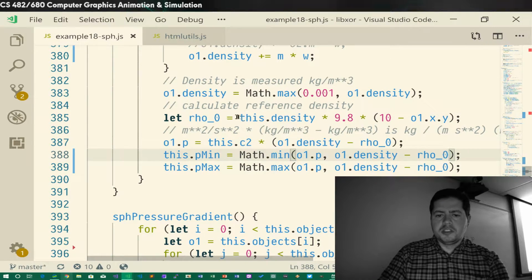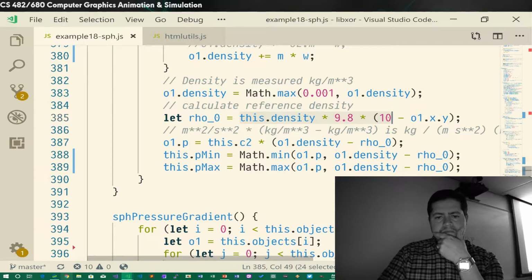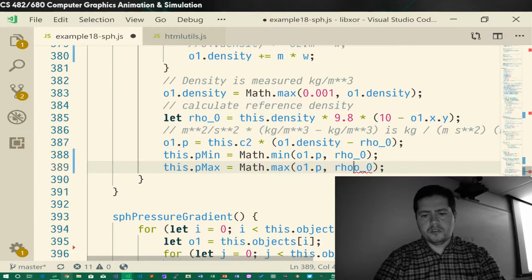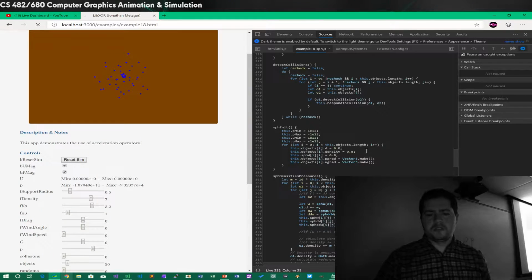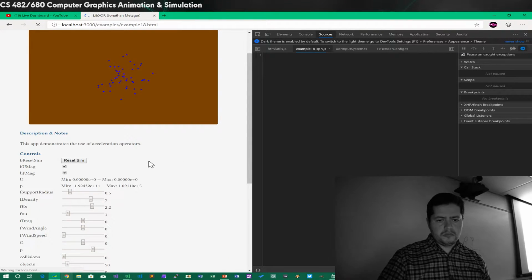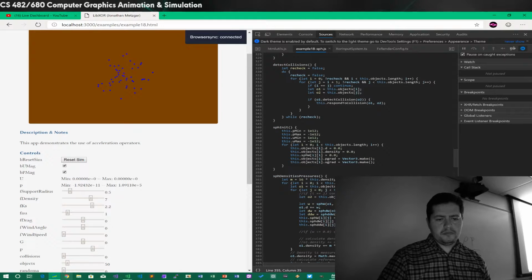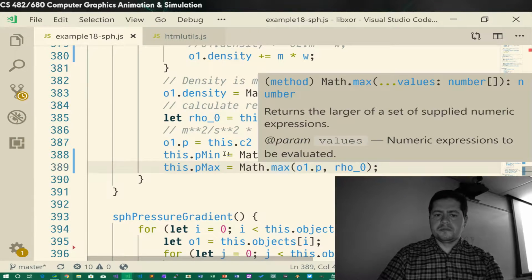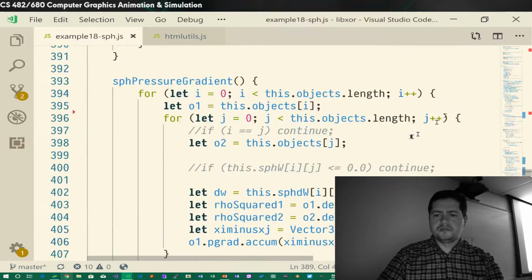So maybe, yeah, well, let's see here. Let's see what rho naught is coming out to. Yeah. Okay. That looks like it was the bulk of it.